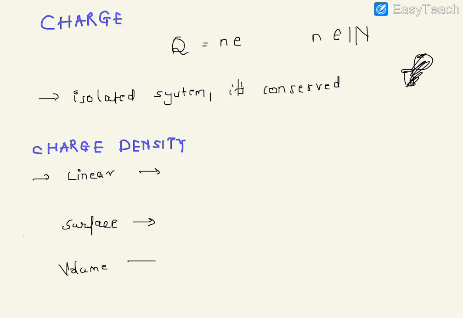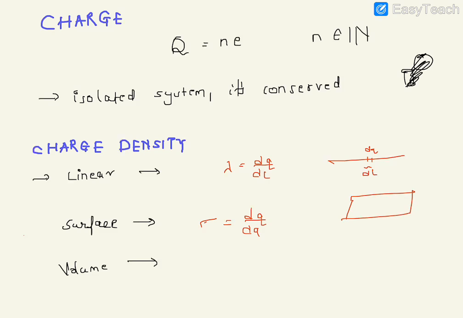With linear we have lambda equals dq by dl. In this we have some one-dimensional object, and in the very small dl element we have charge dq. Now for surface we have sigma equals dq by dA.